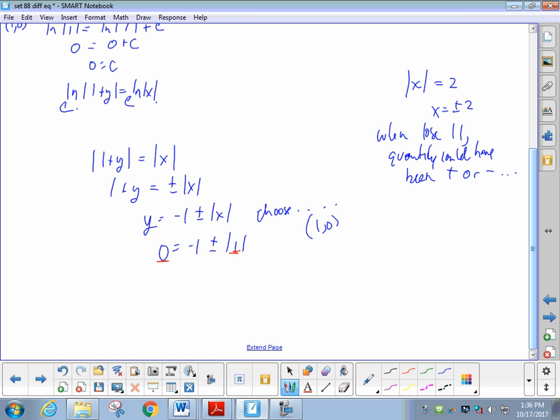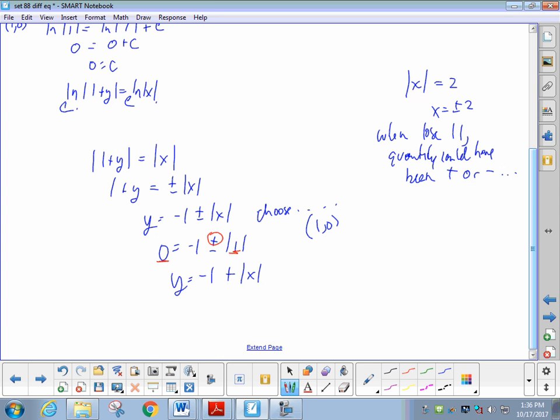This can only come out true if that is positive. So I will choose positive: y equals negative 1 plus the absolute value of x. That satisfies both conditions: the differential equation and the initial point condition.